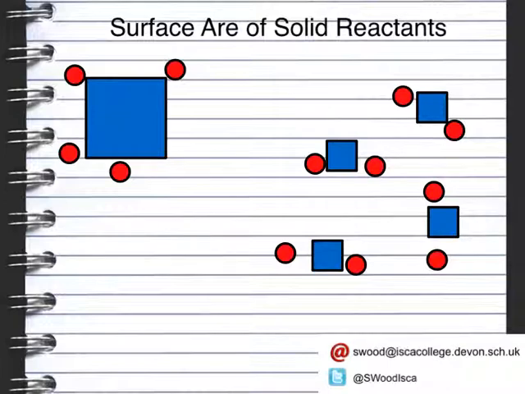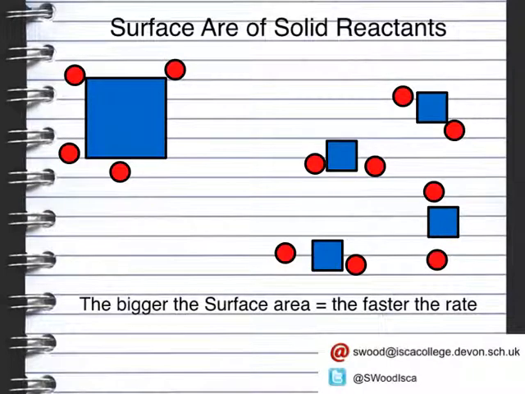So if we have smaller pieces, then we're going to have a faster reaction, and that's purely because the surface area on these smaller bits is greater than it is on the larger bits. So the bigger the surface area, the faster the rate.